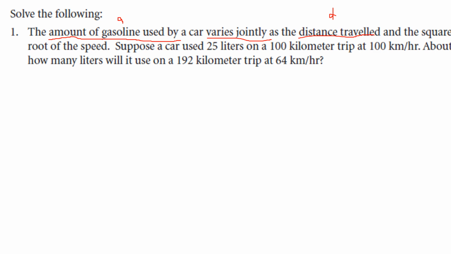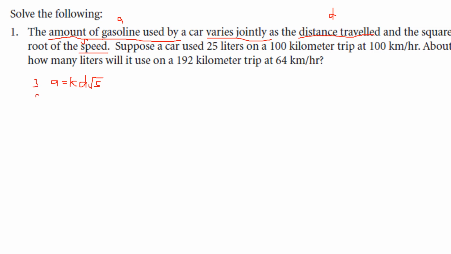The speed I'll represent as S. So based on the relation, since it varies jointly, A, which is the amount of gasoline, is equal to K, always our constant of variation, multiplied by the distance traveled and the square root of the speed. So we have the square root of S. That's the first process.